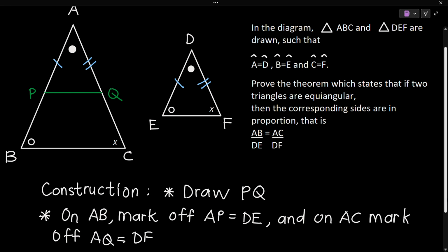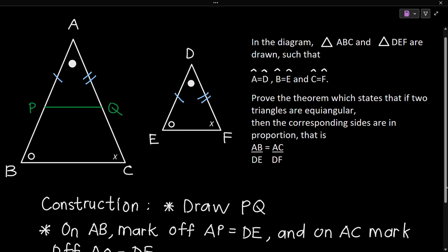So ultimately what we're trying to show here is that this smaller triangle that is now created, triangle APQ, we're trying to show that it is the same as triangle DEF.